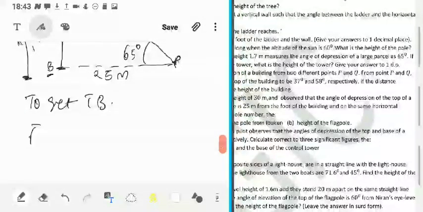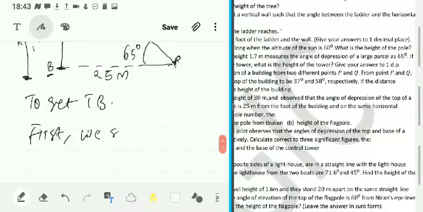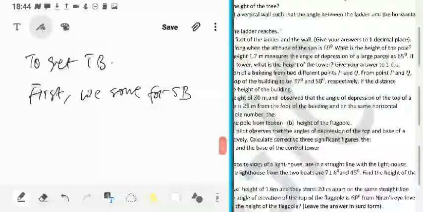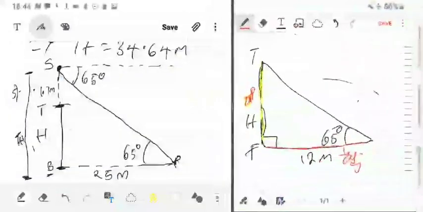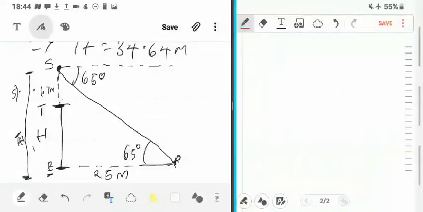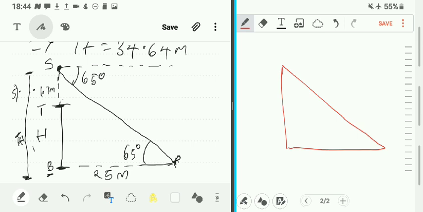So first we solve for SB. Let me transfer this. So we have this.